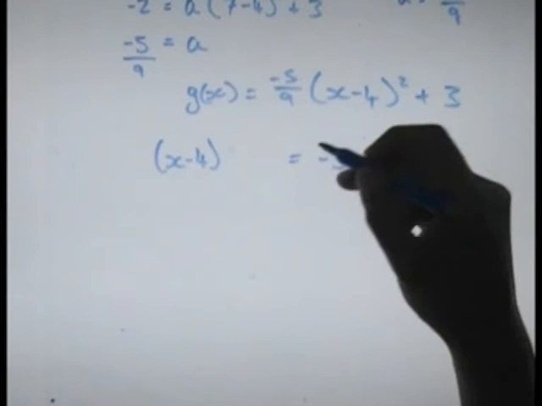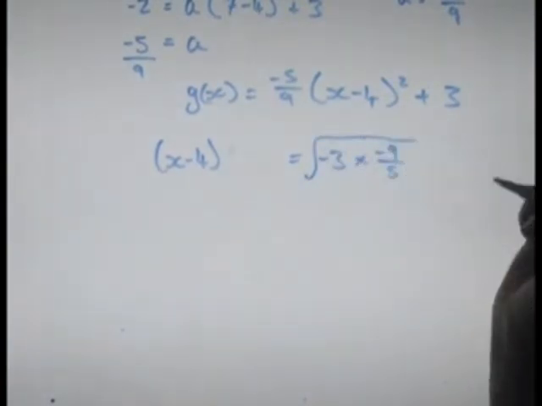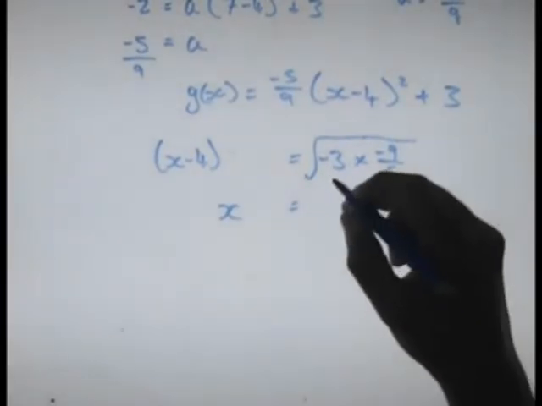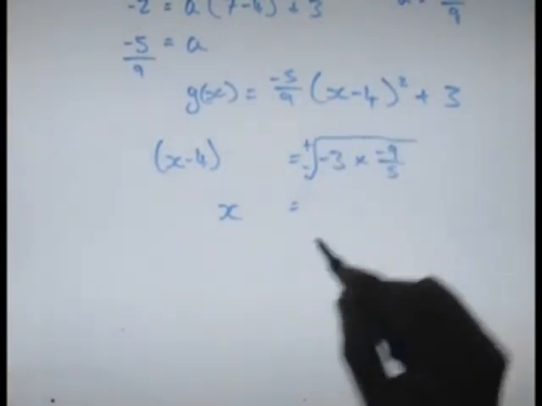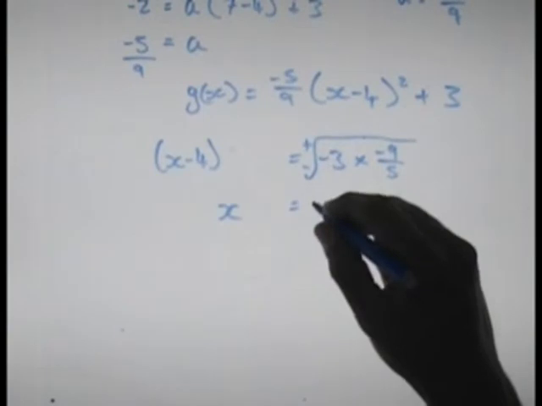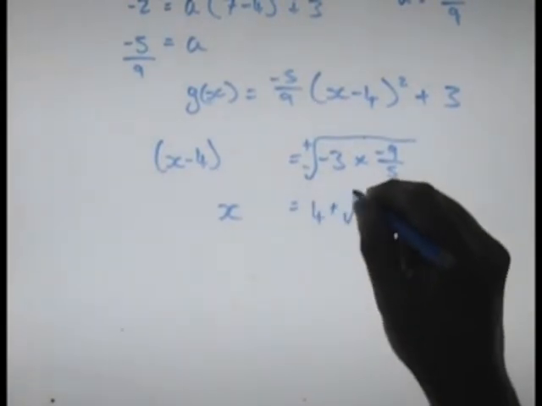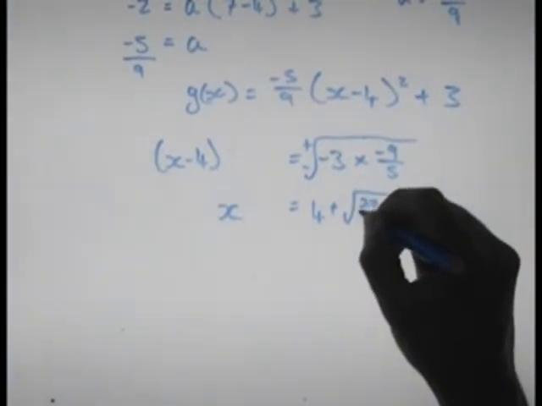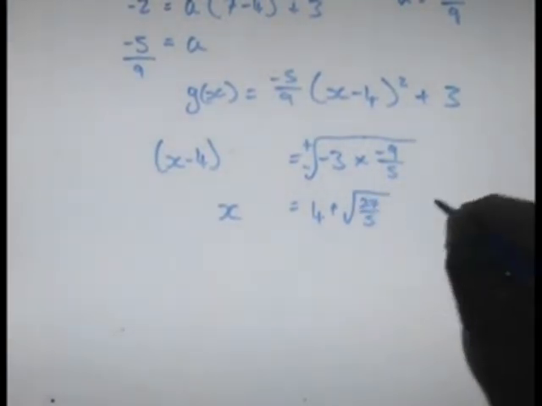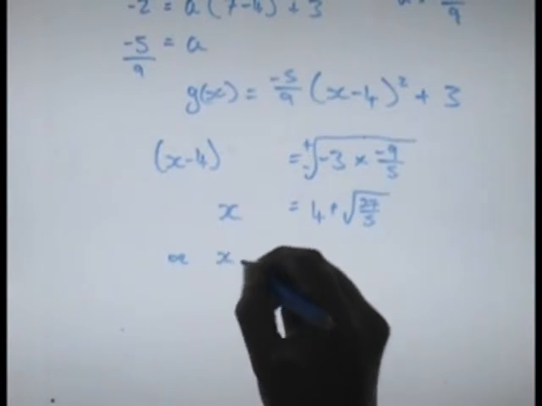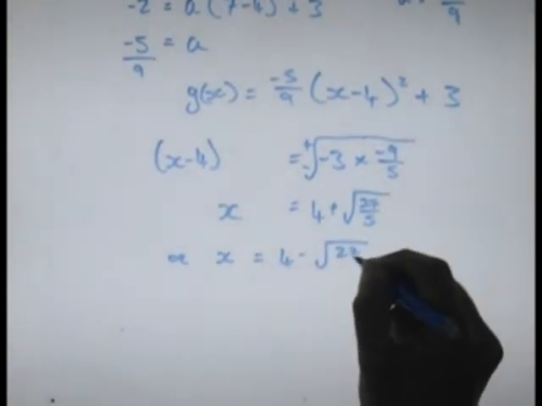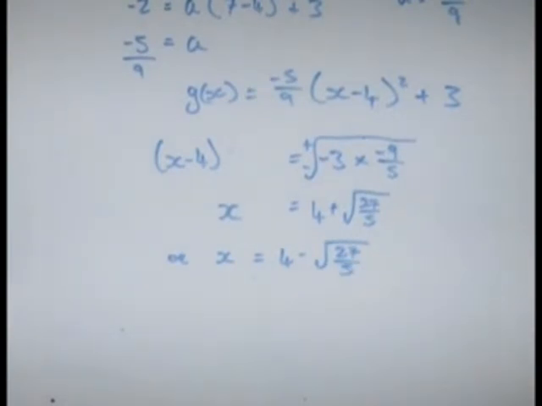And to get rid of the squared sign, I square root it, which will give me x is equal to minus 4 taken across becomes 4 plus square root of 3 times 9 is 27 over 5, or x is equal to 4 minus square root of 27 over 5.